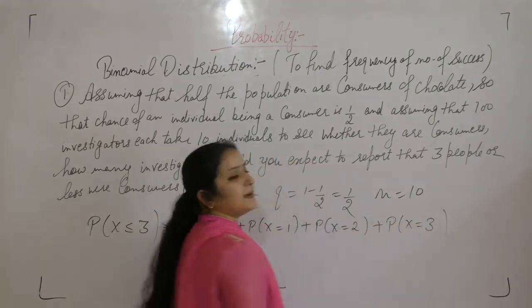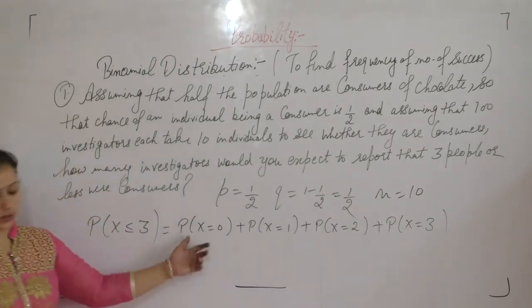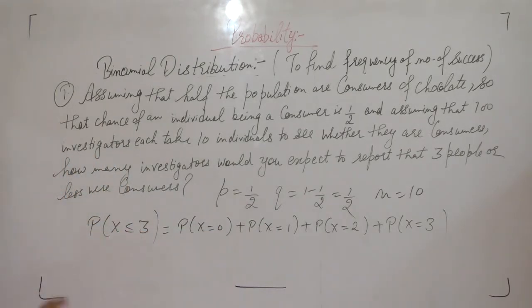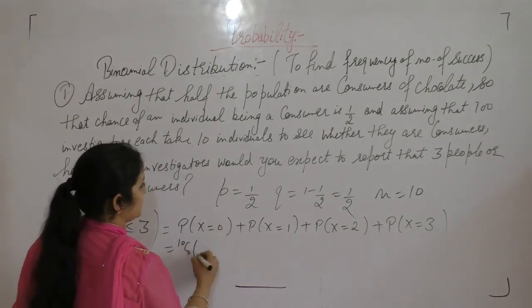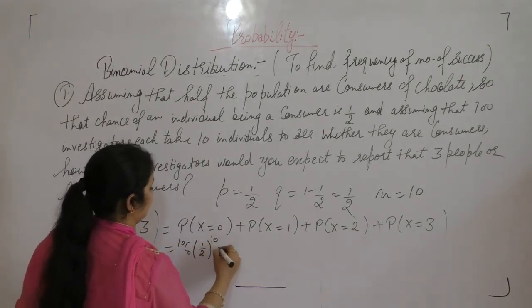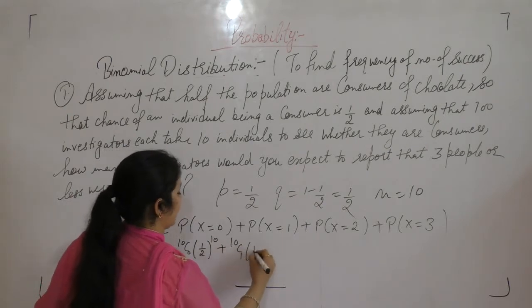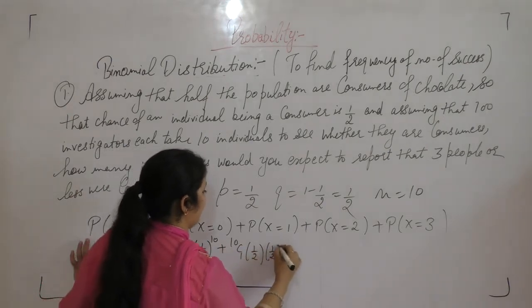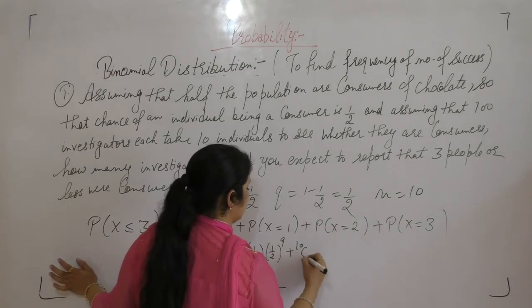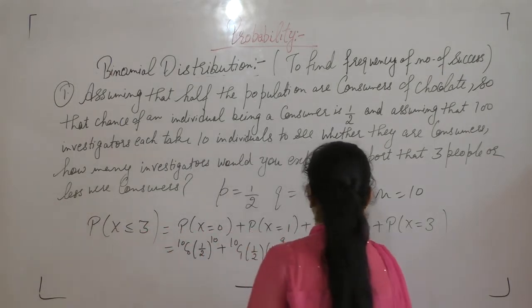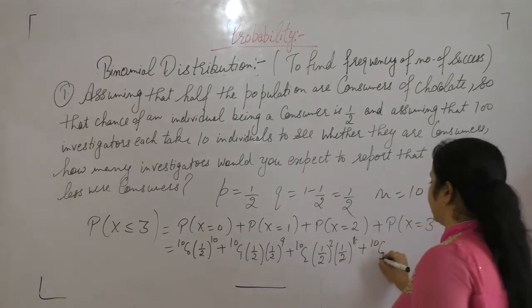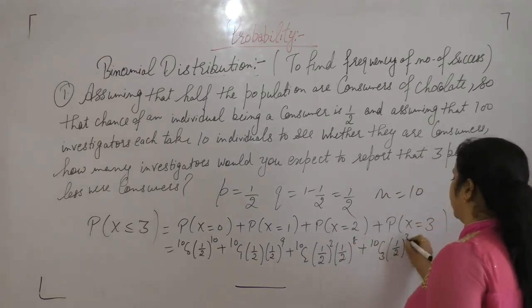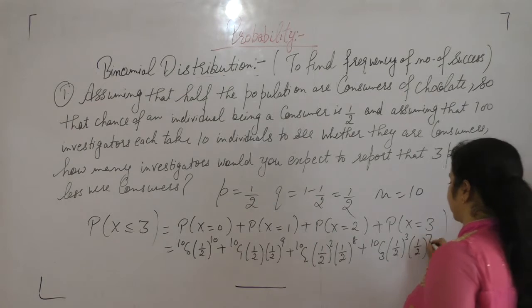So P(x=0) is 10C0 p^0 q^10, 10C1 p q^9, 10C2 p^2 q^8, 10C3 p^3 q^7.